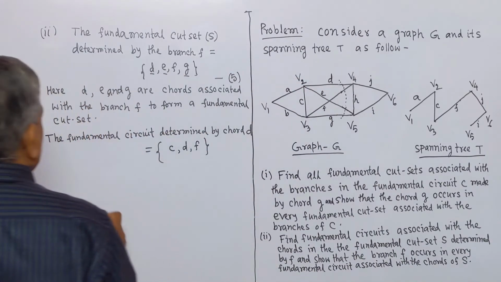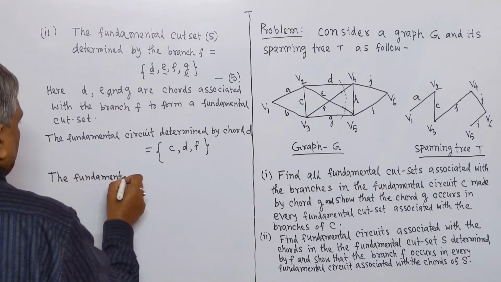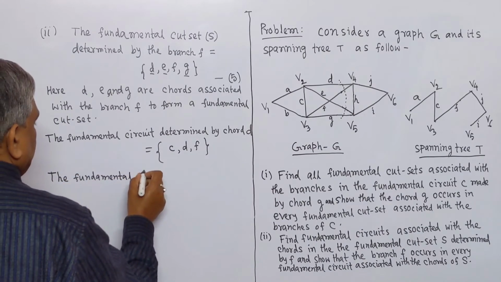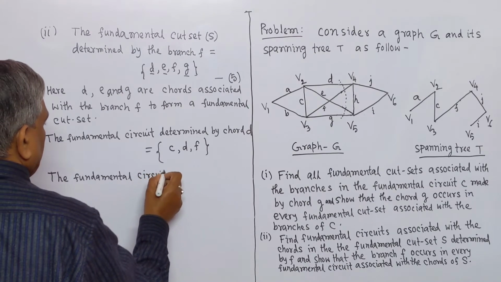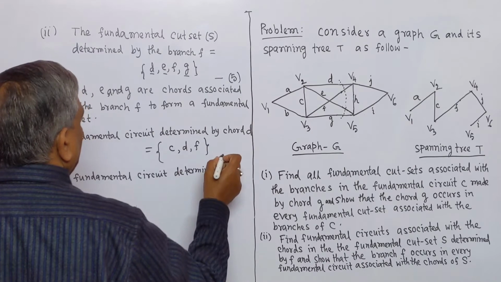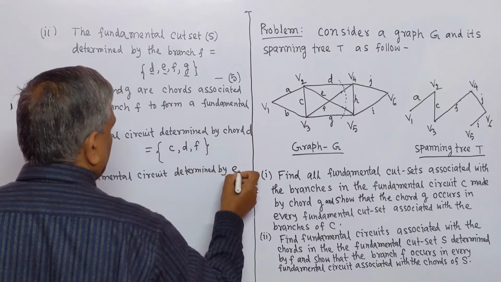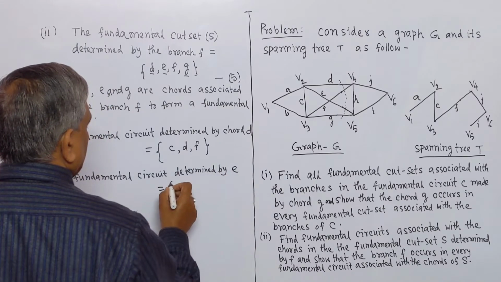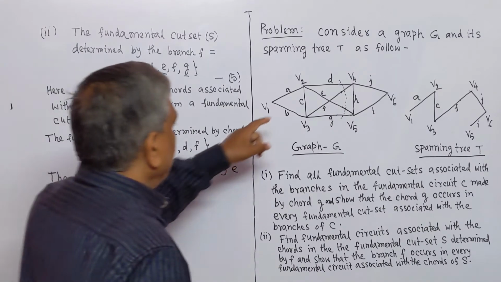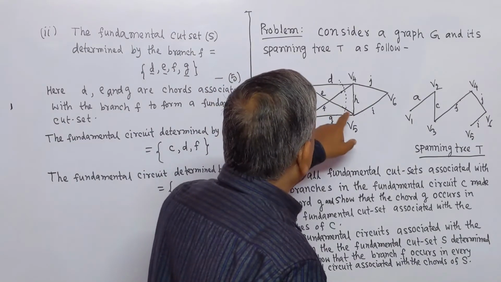Now the fundamental circuit determined by chord E. Here E is the chord joining V2 and V5.